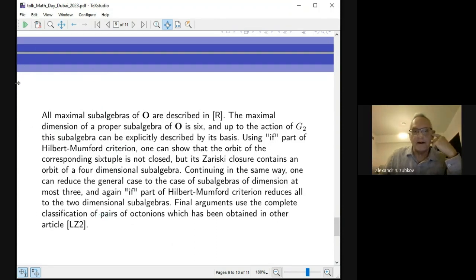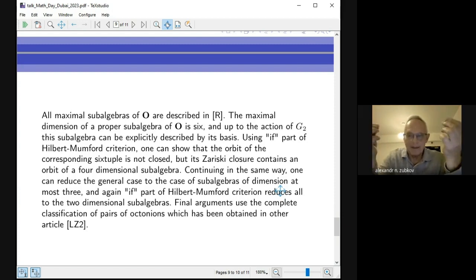We can consider one parameter subgroups of the group G2. A one parameter subgroup is just the image of a one-dimensional torus. You are given some orbit of an n tuple of octonions, so you can define the action of this one parameter subgroup on it.